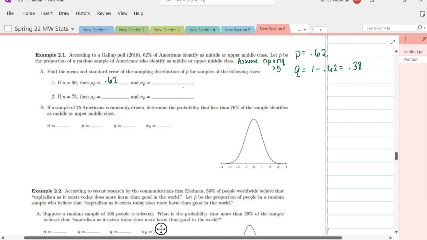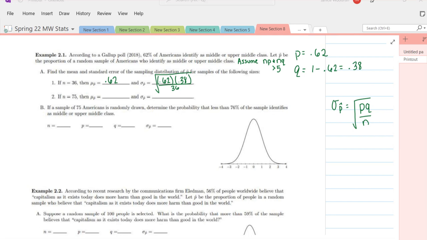Now the standard deviation is, remember this calculation here, the square root of p times q over n. So we would have here p times q, so 0.62 times 0.38 divided by 36, the square root of all of that. We should be able to put this in our calculator as long as we do it carefully. Let me pull up the 84 here.